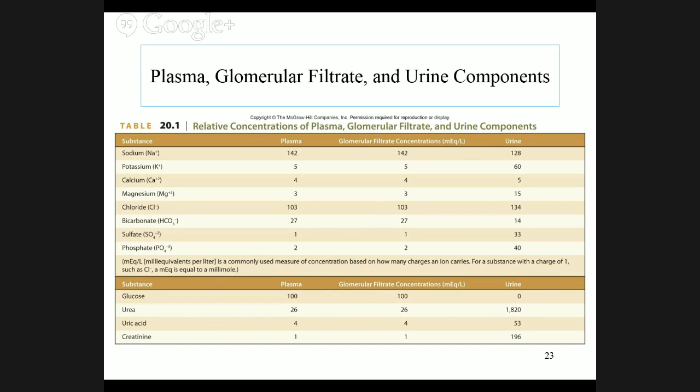Whereas potassium, there's a lot of potassium in urine, and much more magnesium in the urine. But bicarbonate, there's less bicarbonate, a lot more sulfate, and a lot more phosphate. Very little sugar is left in urine, but a lot of urea and a lot of uric acid and creatinine.